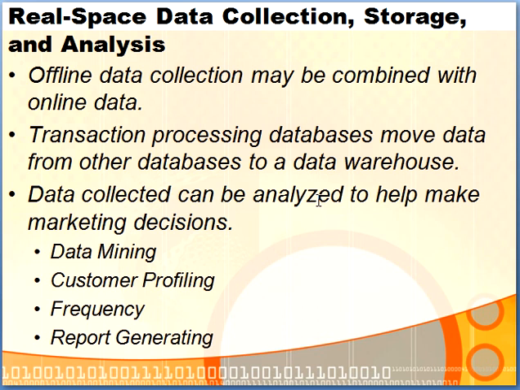So now the question comes in, what do you do? How do you make a decision based on this information or the knowledge which you have gathered? Based on that knowledge, now you actually make some decisions. For example, one decision could be that you should put products like baby food and diapers closer to each other so that people don't have to go to the other side of the store to buy the other product.